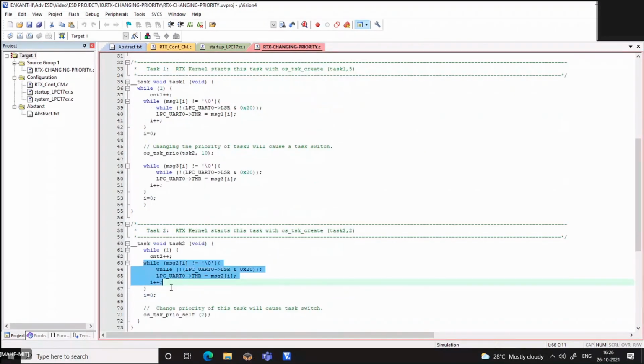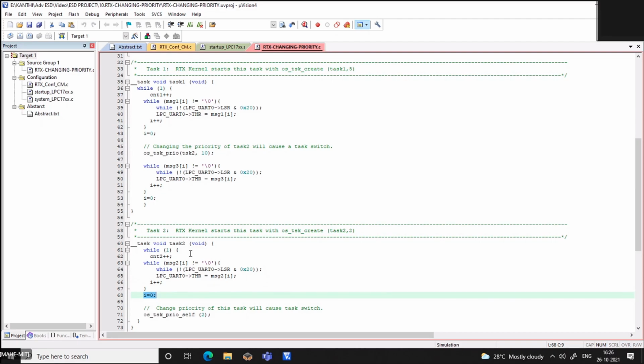Okay, I have changed the priority of task 2. That message I am transmitting here. Task 2 message, priority is increased now, and it started running. Okay, that message is transmitted till the end of the message. It is a null character. Then I make it 0.